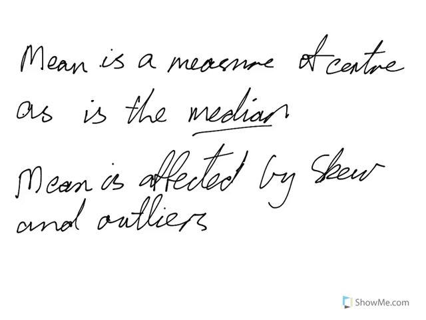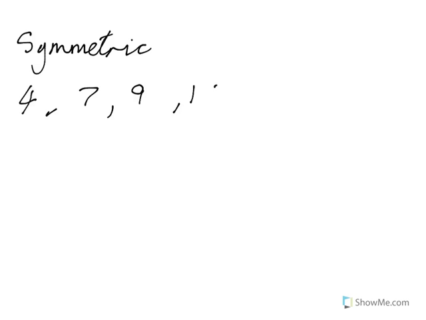So I've got 3 examples here. First of all, let's look at some data that's symmetric. All of these are in order: 4, 7, 9, 12, and 18.